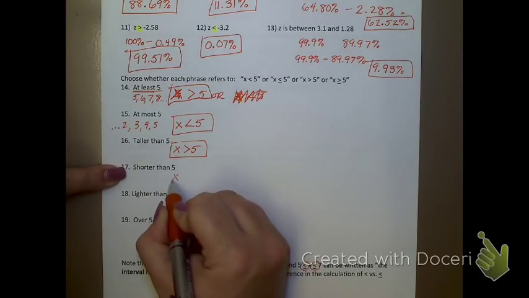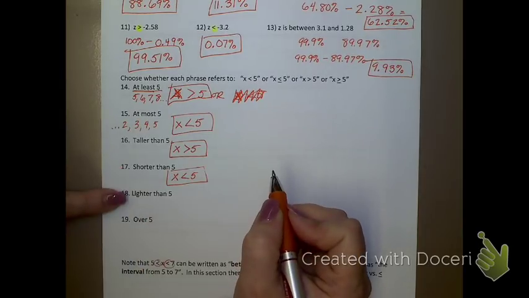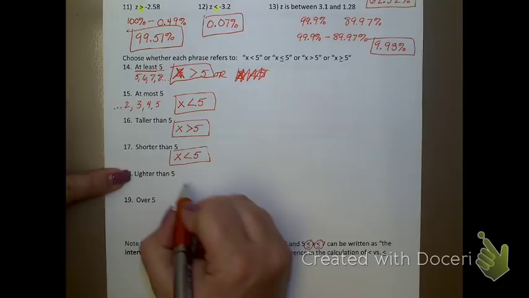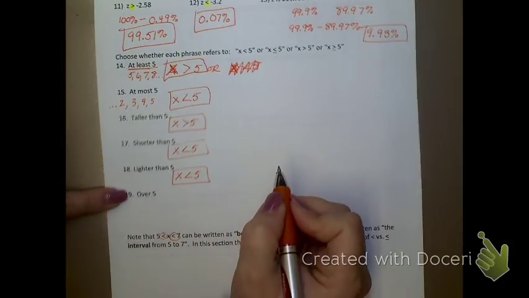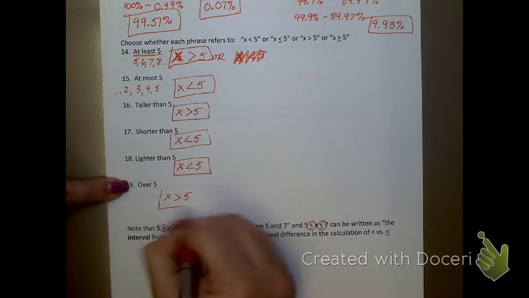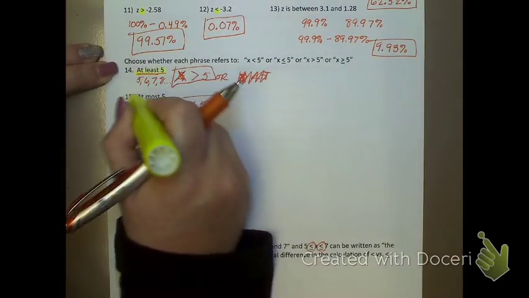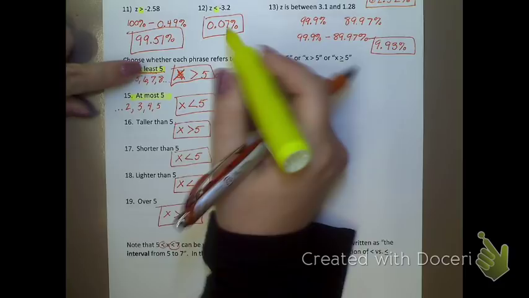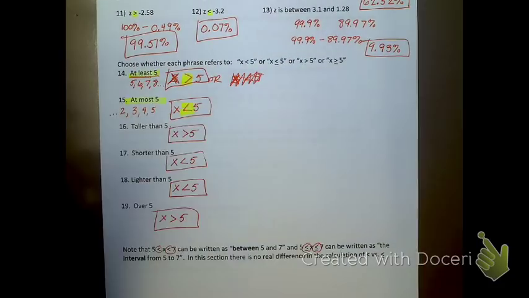Shorter than 5 would be less than 5. Lighter than 5, if we're talking about weight, would be less than 5. Over 5, like over 5 years old, would be greater than 5. The two that people most often get confused would be 14 and 15, making sure that at least you're using the greater than sign and at most you're using the less than sign.